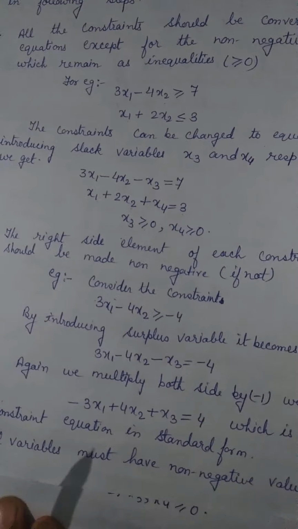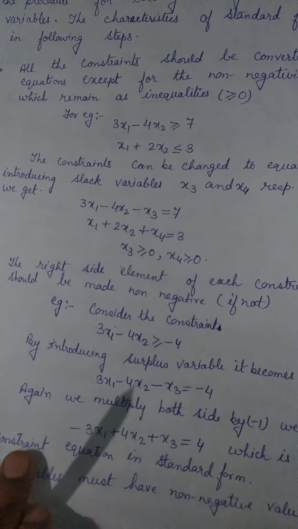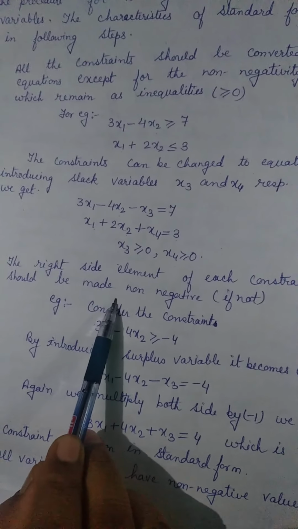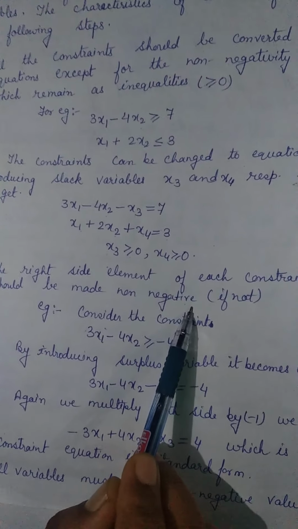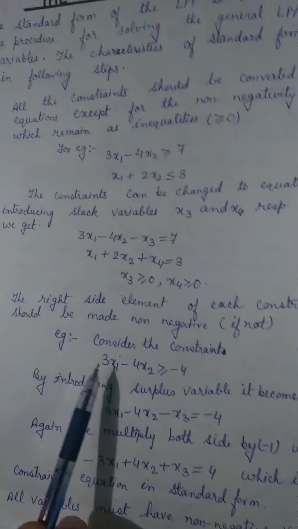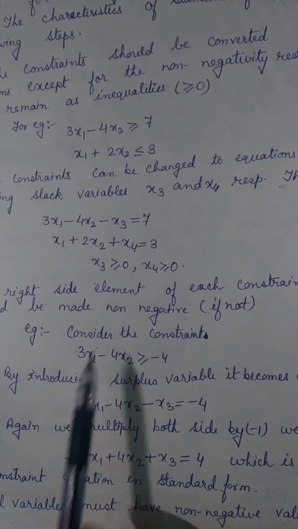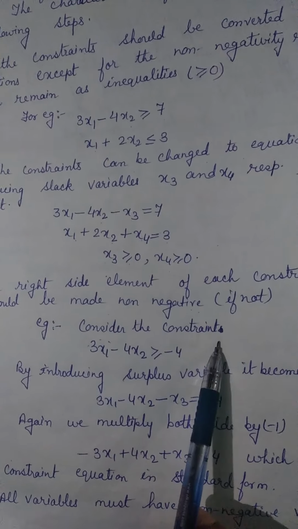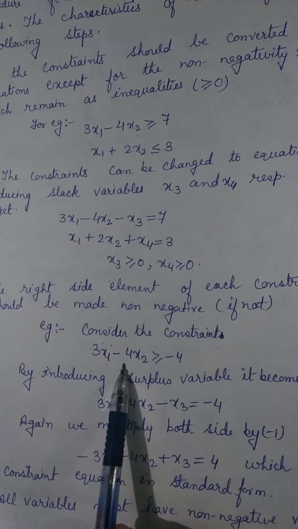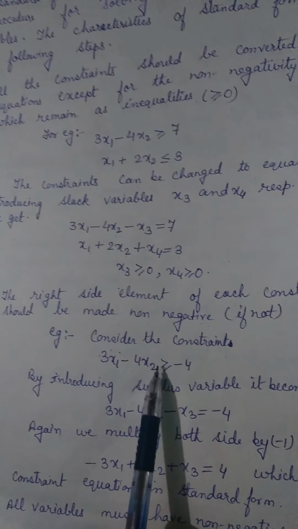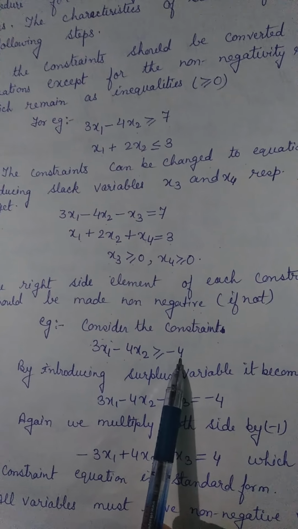The second step: the right side element of each constraint should be made non-negative if it is not given. So let us see one example. We'll consider the constraint 3x1 minus 4x2 is greater than or equal to minus 4.